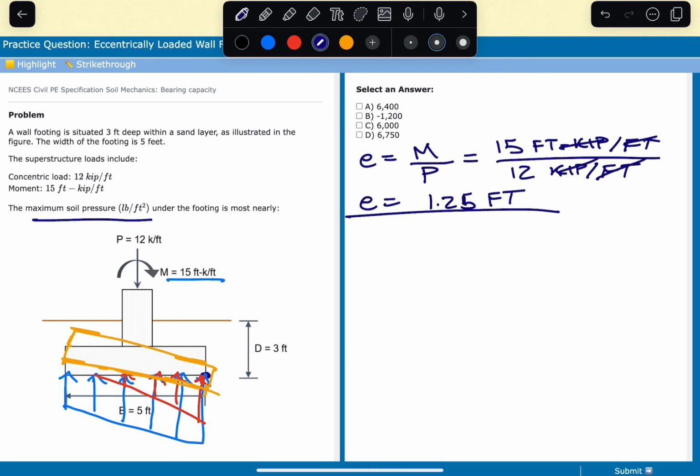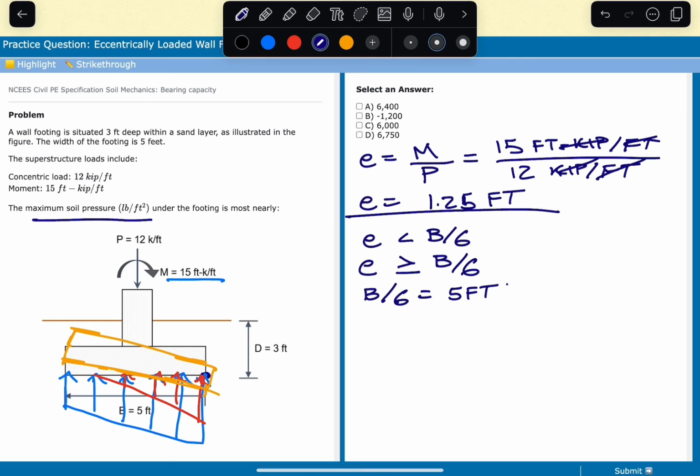Now, what we need to look for is, is the eccentricity less than B over 6, or is it greater than or equal to B over 6? Well, B over 6, if we look at what our B is, it's 5 feet.